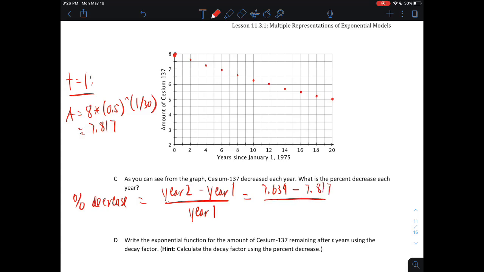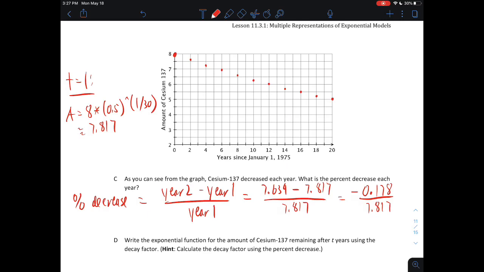And we'll also divide by 7.817. So at first, let's do the difference. 7.639 minus 7.817. You get a negative number, but remember, that's okay because we're talking about percent decrease. That's what the negative is meaning. And so really what we want to focus on is 0.178, how much it went down by, what percentage of what we started with, 7.817, is that?